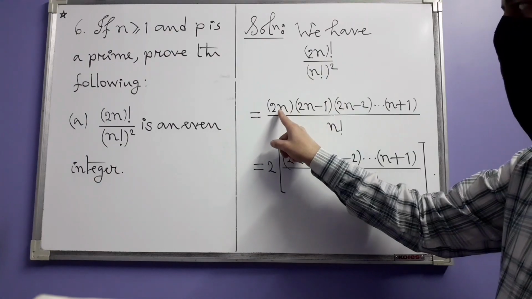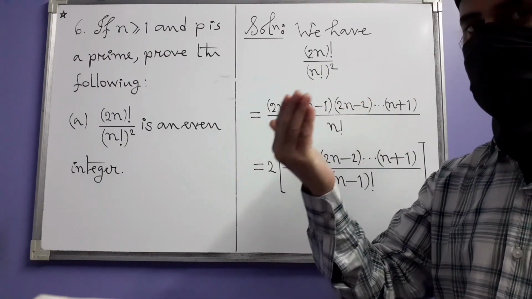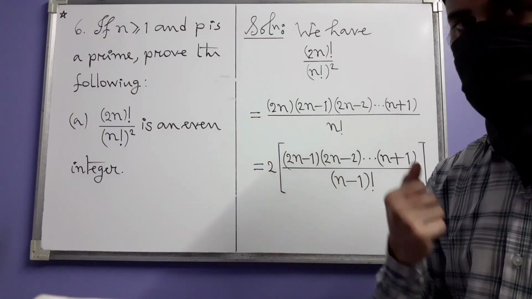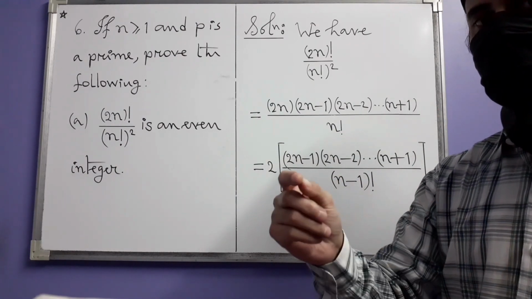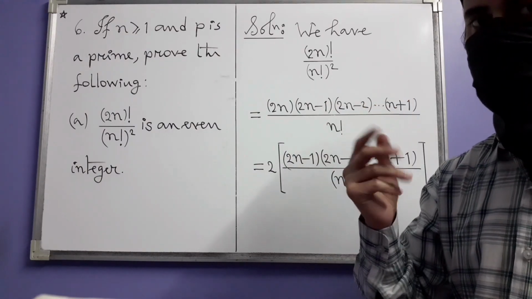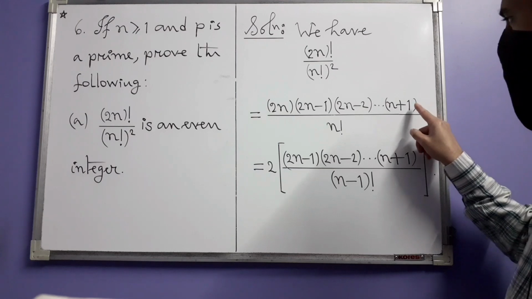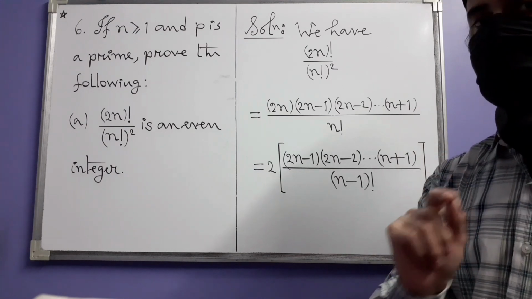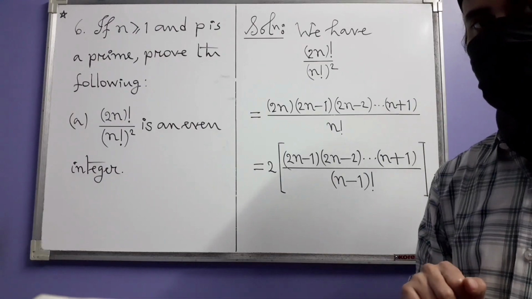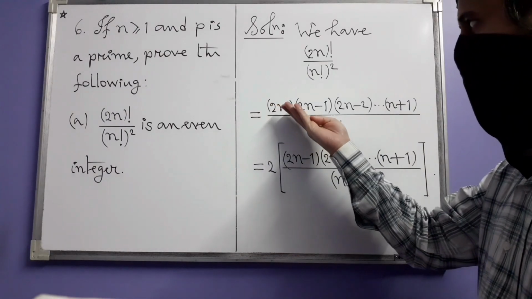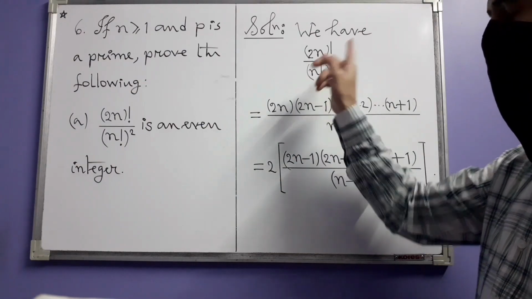So you would go like this, 2n times 2n minus 1 times 2n minus 2, and the smaller integers come. How far will you go? You can go all the way up to 1 if you want. However, that is not our aim. We stop here at n plus 1, and then we should write here n factorial, because the product of these integers and n factorial is 2n factorial.